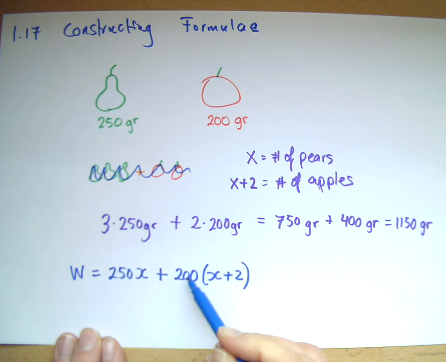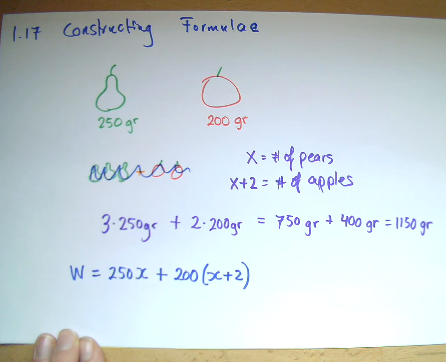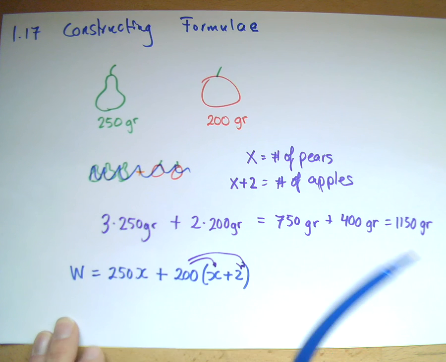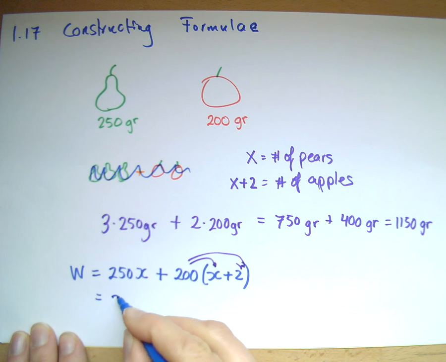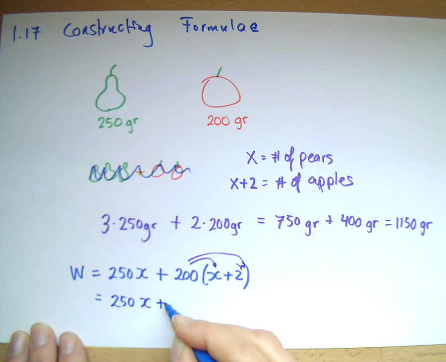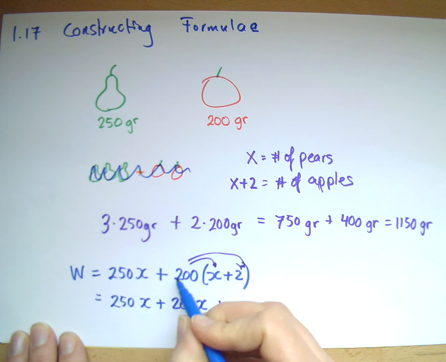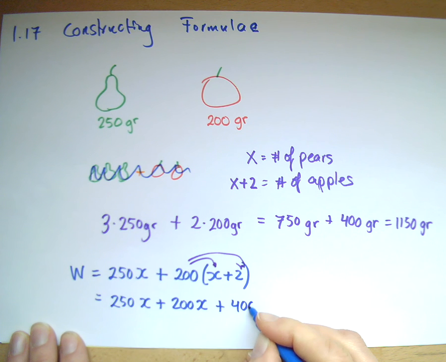We need to expand here and then collect like terms. Okay, so W is going to be 250x plus 200x plus 200 times 2, which is 400.